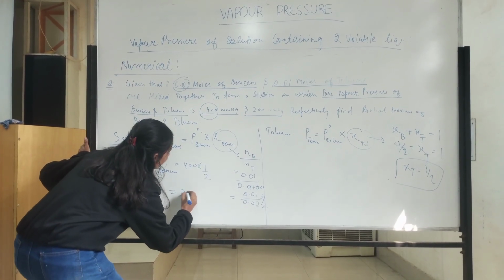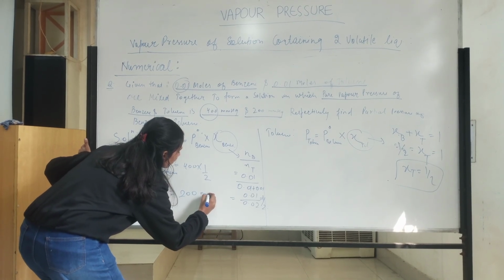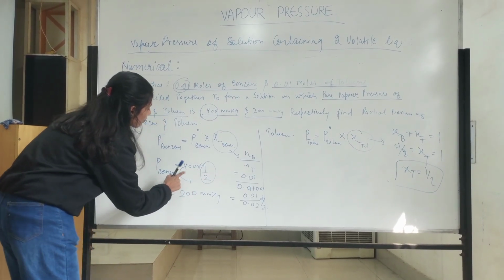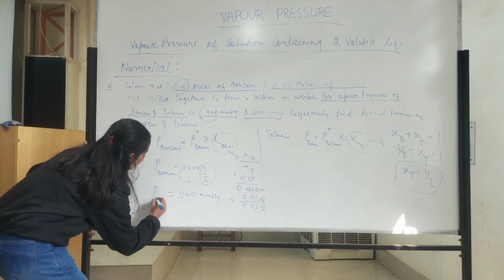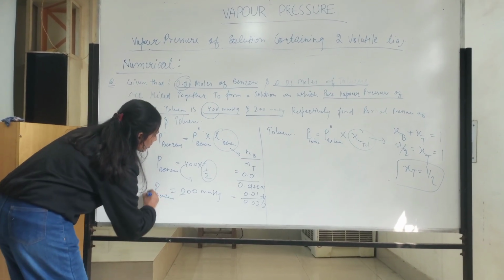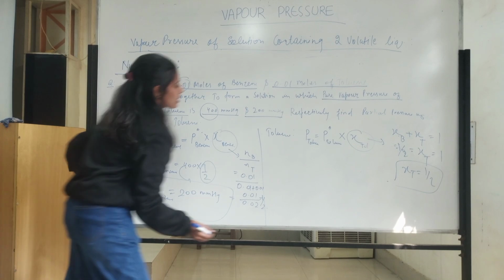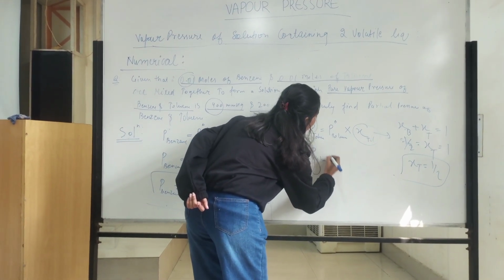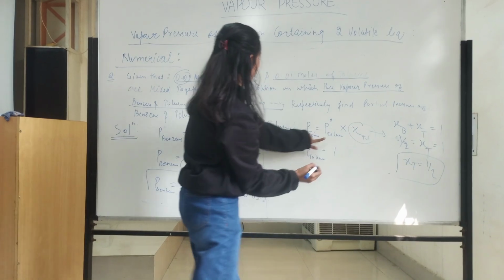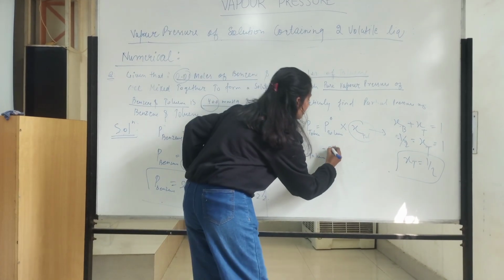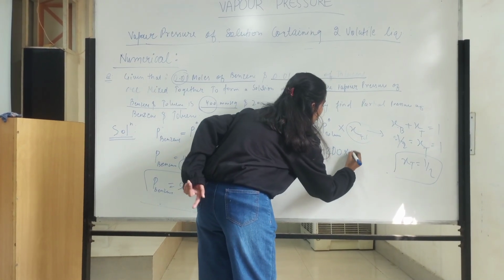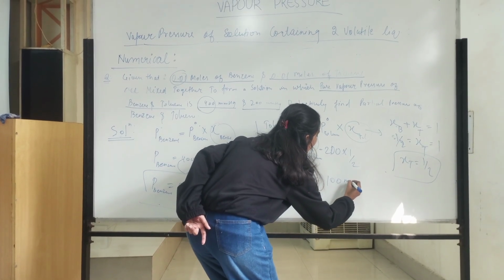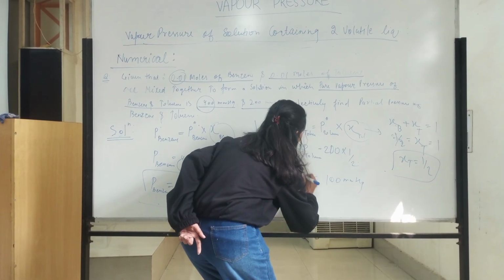So it will come 200 mmHg, because mole fraction is unitless. So the unit of partial pressure will be equal to the pure vapor pressure. For toluene, the pure pressure is 200, mole fraction is half, so it will come 100 mmHg.